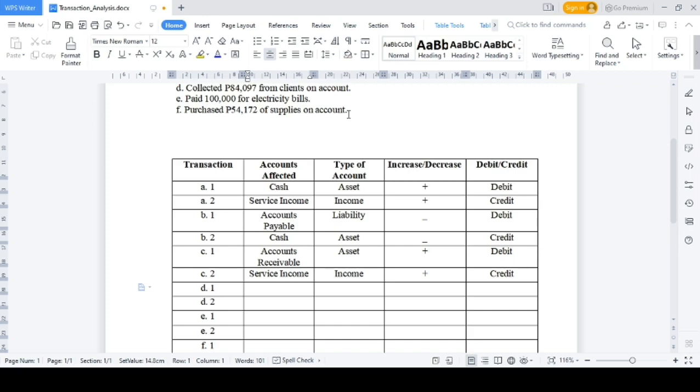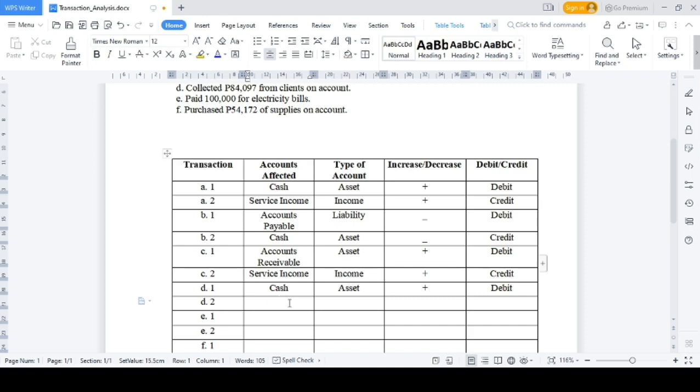Why accounts receivable? Since this was on account, meaning their clients weren't able to pay them before. Okay, so it's on the books muna. Okay? So cash, first cash, this is an asset, increase, debit.